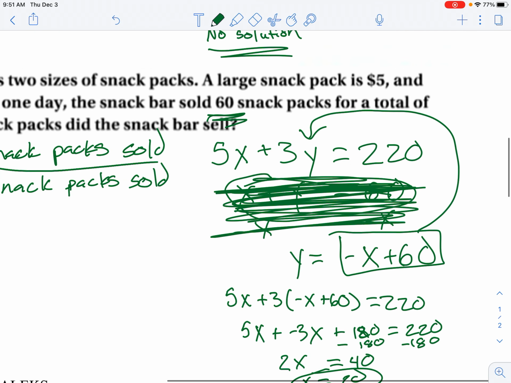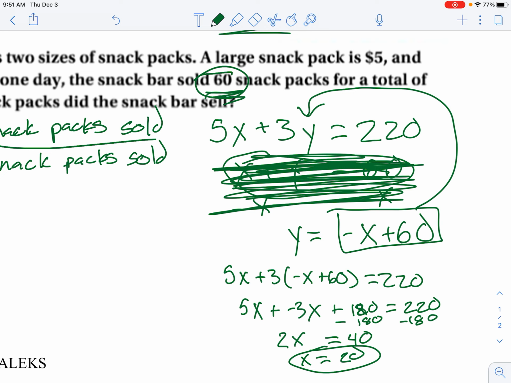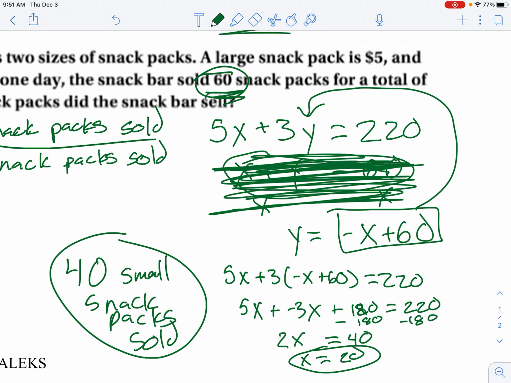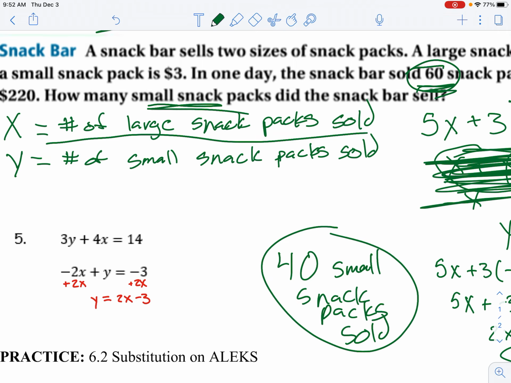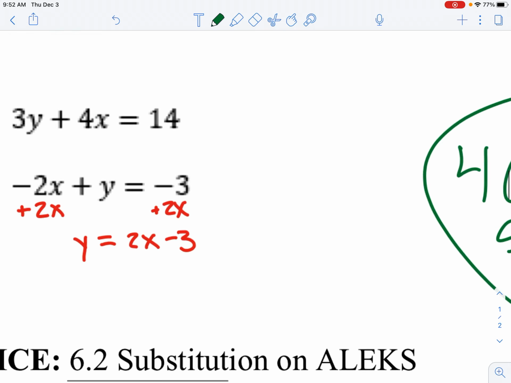So if there were 20 larges sold, and we sold a total of 60, that must mean there were 40 small sold. And we are done with that one. That's what I was looking for, how many small snack packs. So that's why we're done with that.